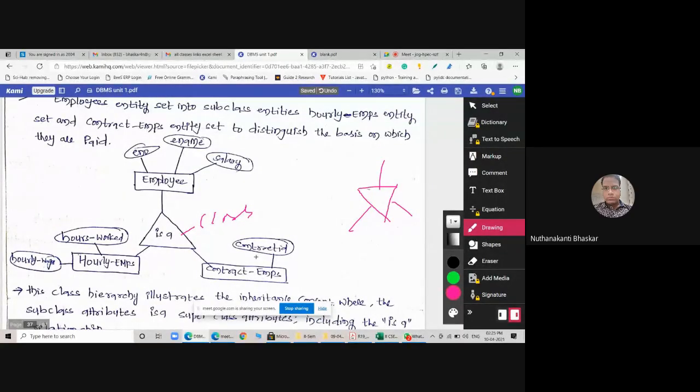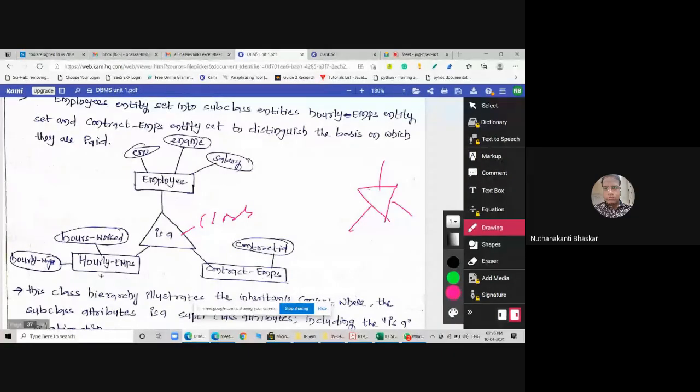If you don't classify these two and directly use employee, you can manage all attributes in employee. But when you classify, your employee has employee number, employee name, employee salary, and hourly employee has hourly wages, hourly works, along with its superclass attributes also.